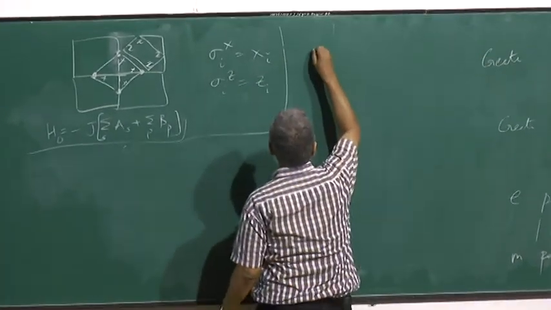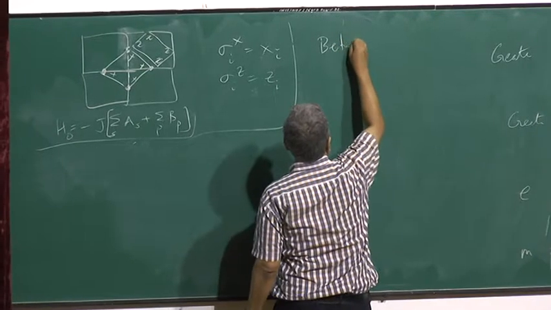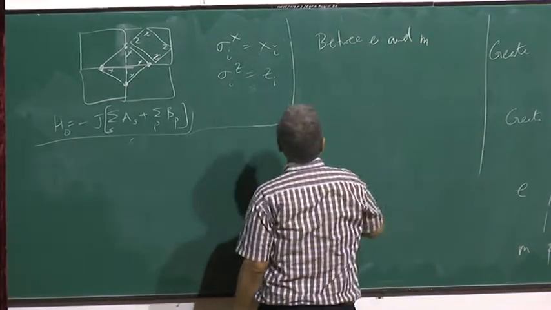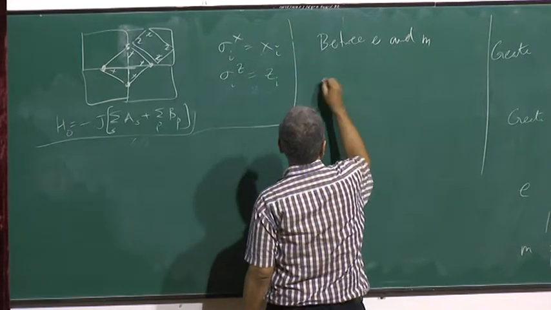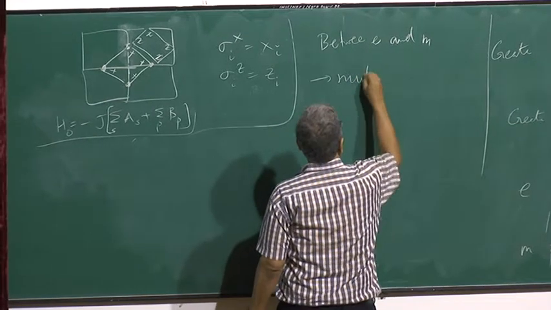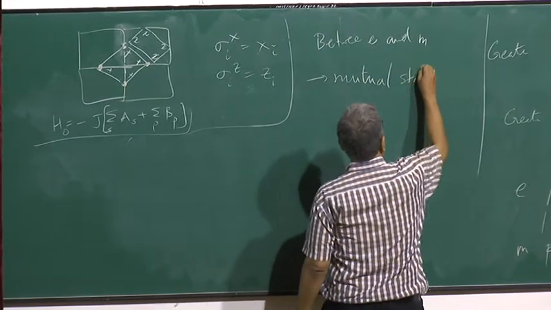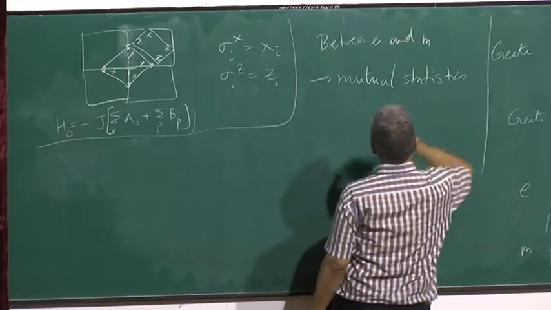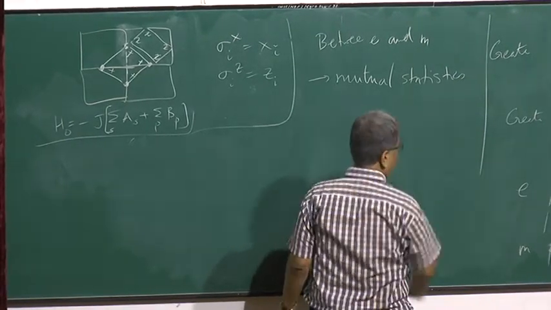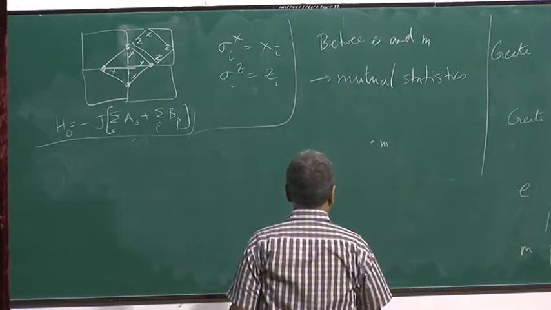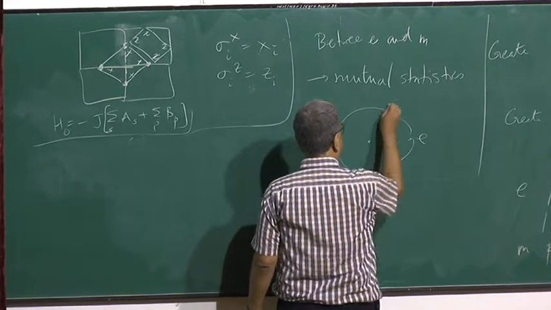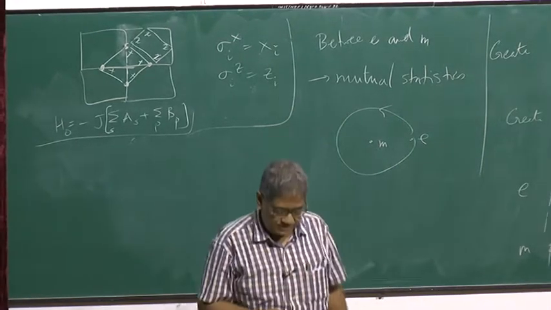So between E and M, there is something that we can calculate. This is called mutual statistics. There is a name given. And the way you calculate this is, let us say you hold M fixed and you take an E particle and you move it all around, either clockwise or anti-clockwise.